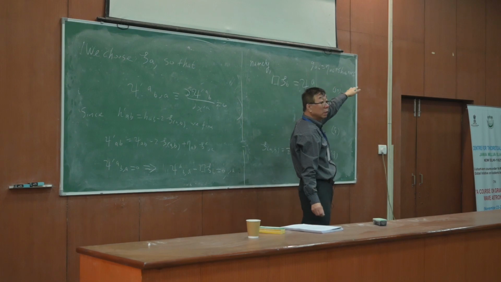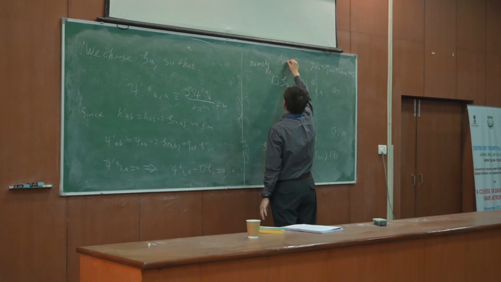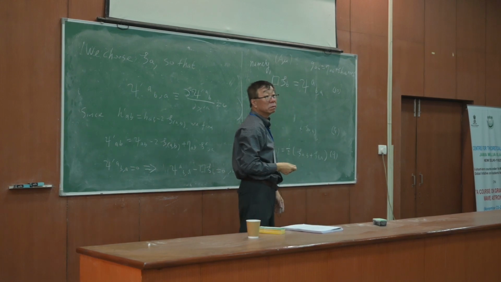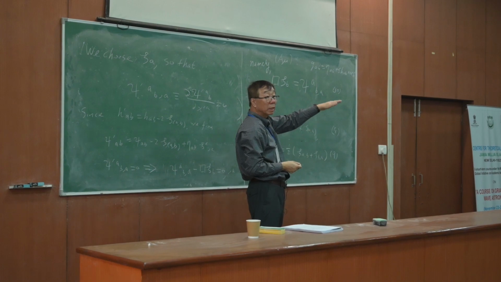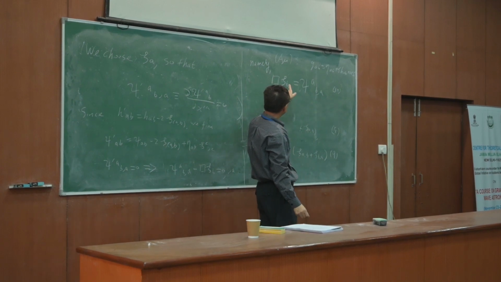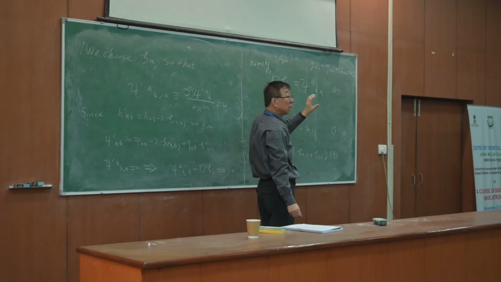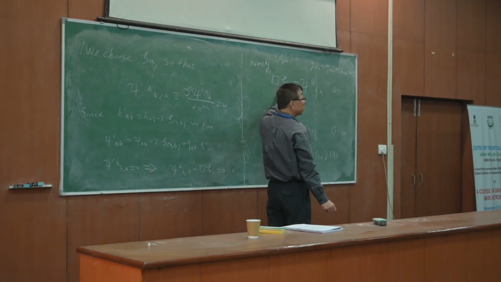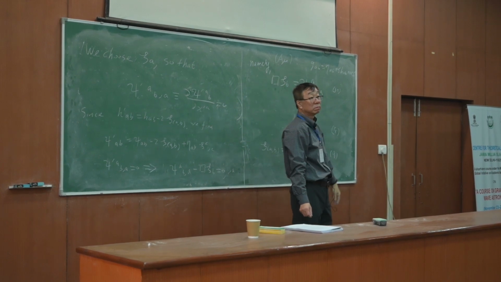So I'm working everything in the x^mu coordinates. But I will make a coordinate transformation into x prime, so that these four arbitrary functions, right? But now I'm going to choose these four arbitrary functions so that the box of this equals 1.